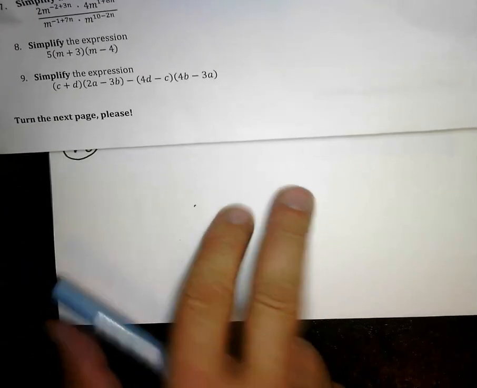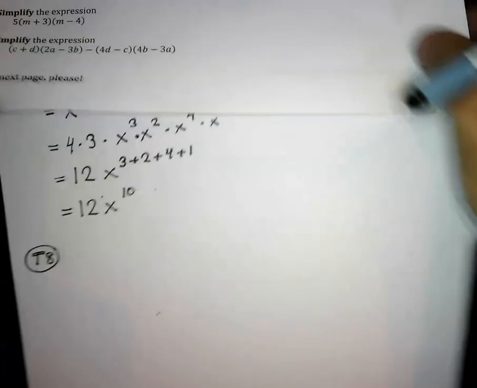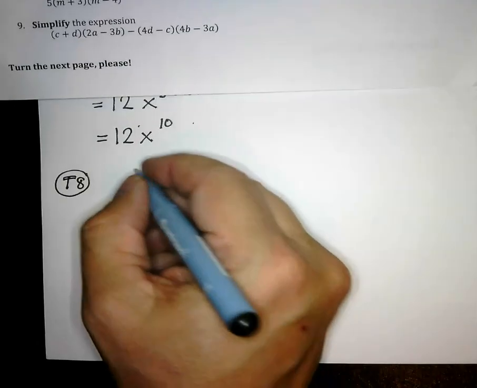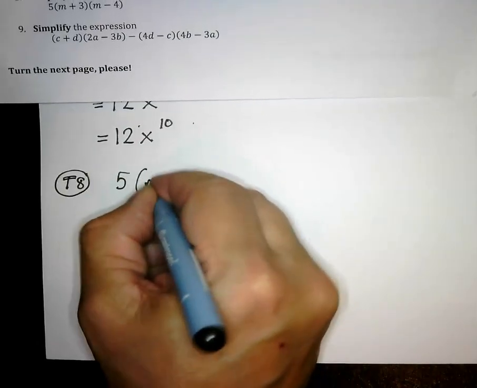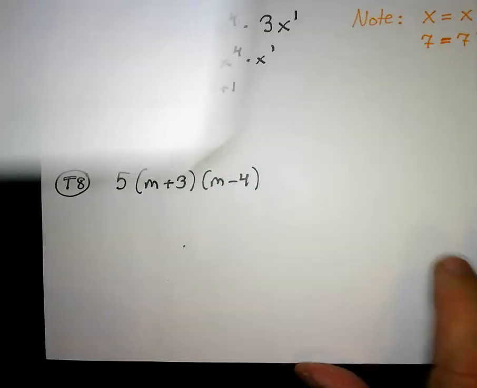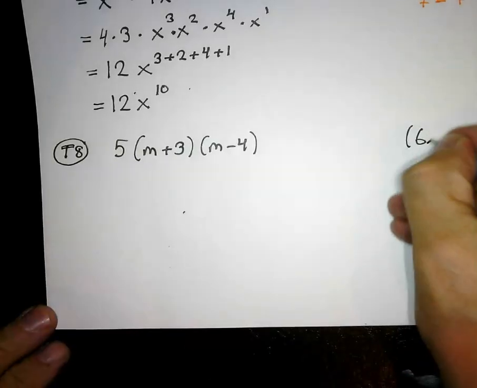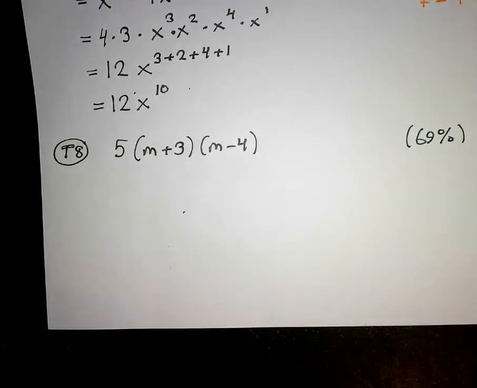But that last problem today is 5 times (m plus 3) times (m minus 4). Simplify this. This was a problem which was made correctly by 69% of students.